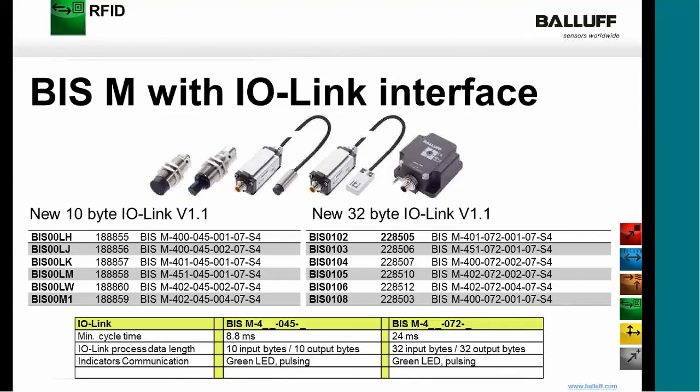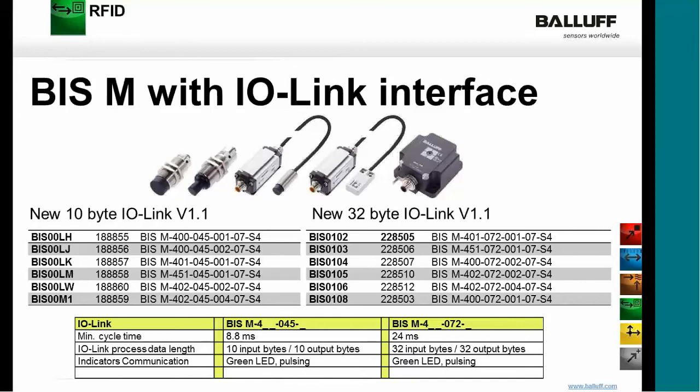Now, we mentioned earlier you can have an IO-Link interface with the BIS-M. So we had the traditional 10-byte IO-Link with version 1.1. We now have a 32-byte capacity with IO-Link version 1.1. What this means is more memory capability and quicker response time as well. You can see the difference down at the bottom with the minimum cycle time at 8.8 milliseconds versus 24 milliseconds.